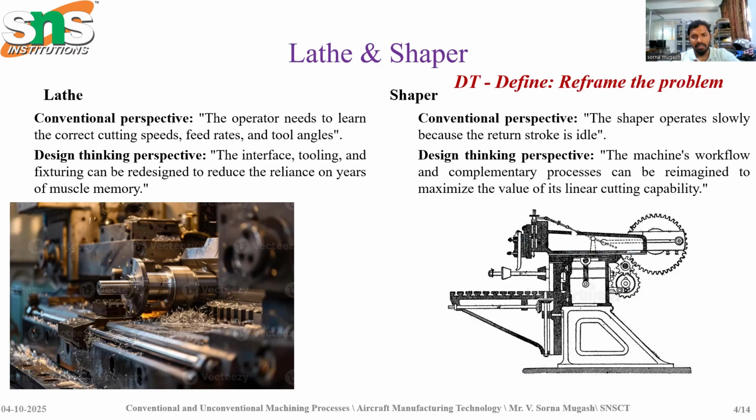For the shaper machine, the classic view is a slow return stroke, idling away time. Design thinking flips it, with reimagined workflows to amplify its linear cutting strength. This define stage in DT, design thinking, helps us reframe problems for innovation, which is key in aerospace manufacturing.